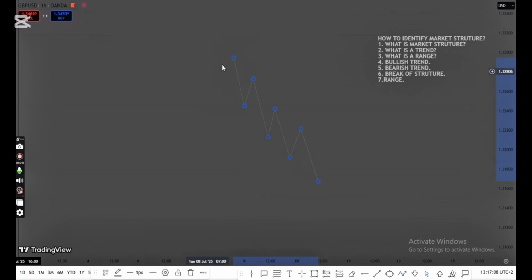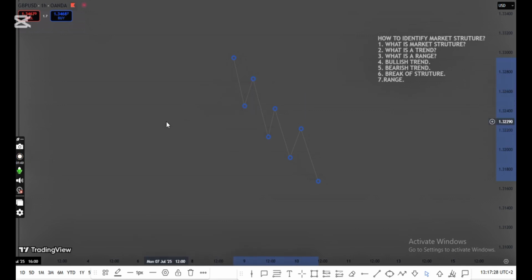So what we see here is what we call a bearish market structure, right? So price is making a series of lower lows and lower highs. So a bearish market structure is when price makes a series of lower lows and lower highs, right?